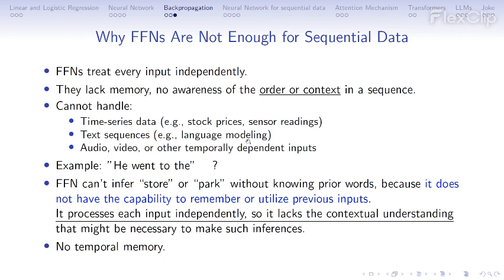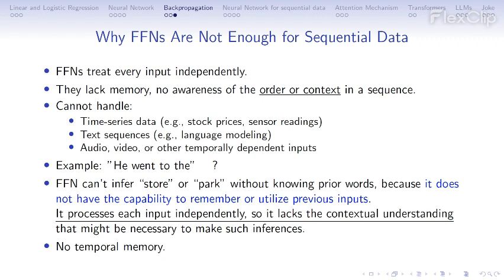For example, "he went to the...", a feed forward network cannot infer, store or park without knowing prior words because it does not have the capacity to remember or utilize previous inputs. So it only predicts based on what it sees, right?